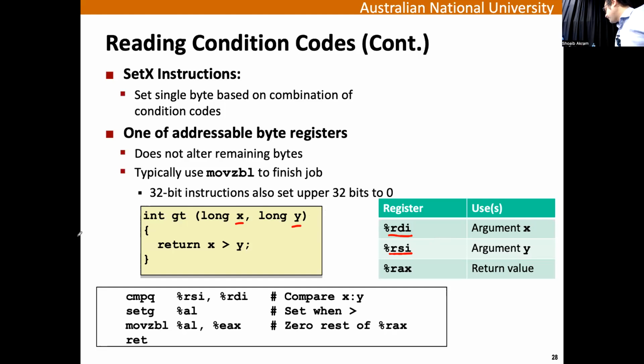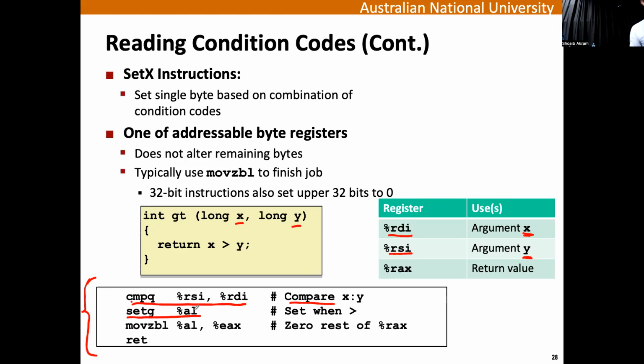Now look at this code here, and I'll explain the text later. We need to find a relationship between x and y. Is x greater than y, less than y? We are going to compare RSI and RDI. So this is a comparison operation. We are comparing x and y. And then we are using the set instruction.